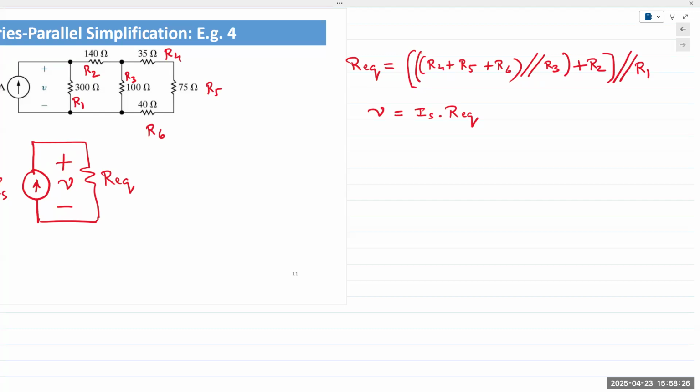So V over R1, and then the voltage across R2, R3, R4, R6. So let's call this R7. Let's call this R8. And then R9. Okay, R9.